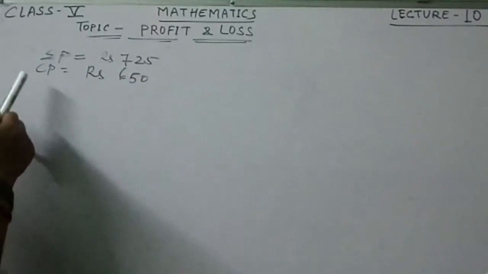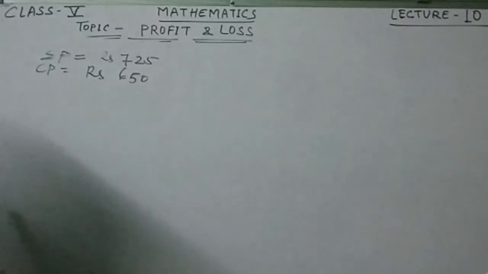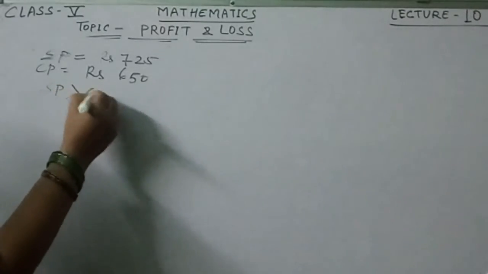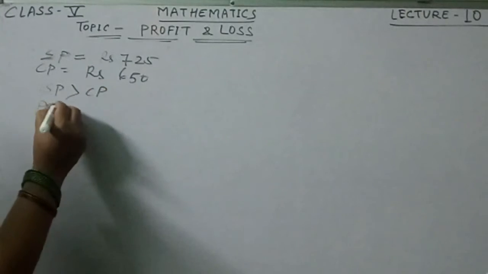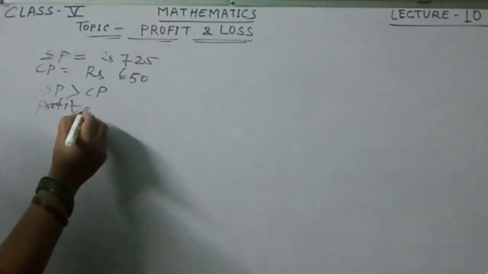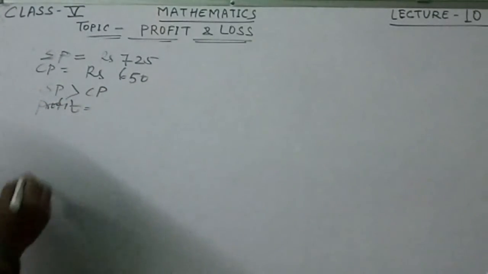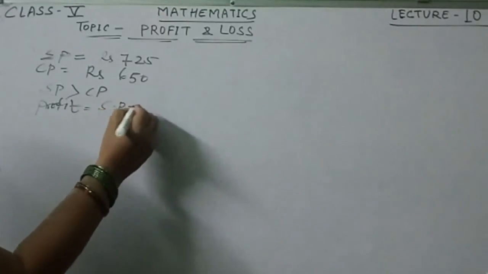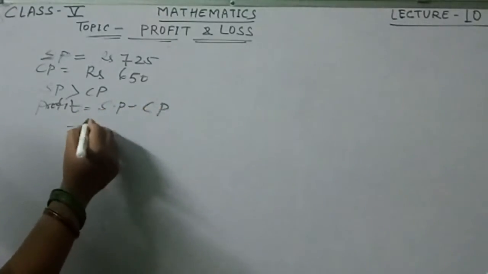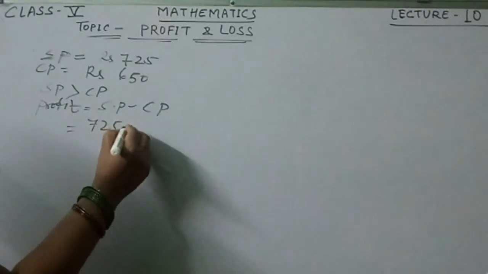Compare CP and SP. SP is greater than CP, so it was profit. And what is the formula of profit? Profit is SP minus CP. How much profit? 725 minus 650.